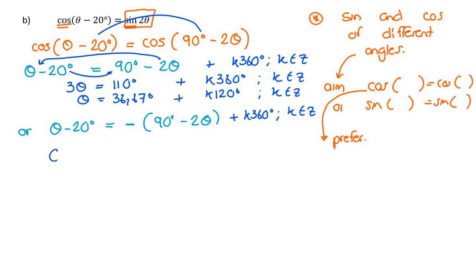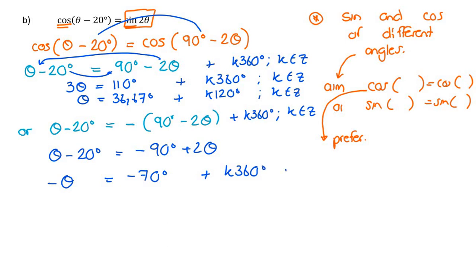And in the second one, a little bit more complicated because I need to distribute my negative. So it's minus 90 degrees plus 2 theta. So if I minus 2 theta on both sides and add 20 to both sides, I get that. And then I basically just need to divide by my negative. So I get theta equals 70 degrees.